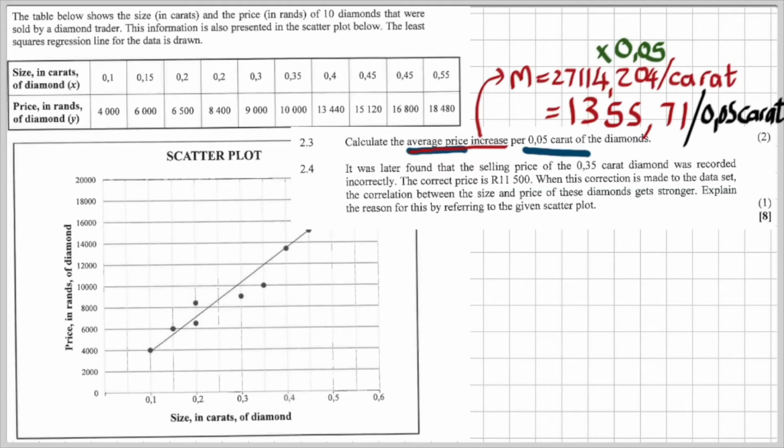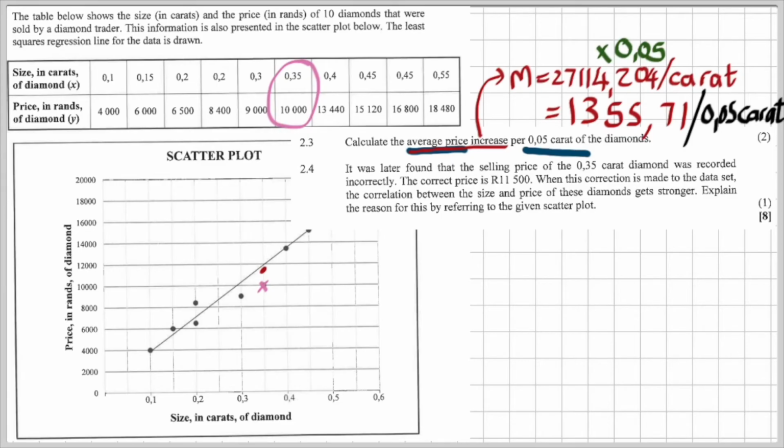So where is that on my table? There is the one I'm looking for. So instead of the 10,000, the new price is actually 11,500. So I put a little dot there. If you want to see it better, I made it larger there.